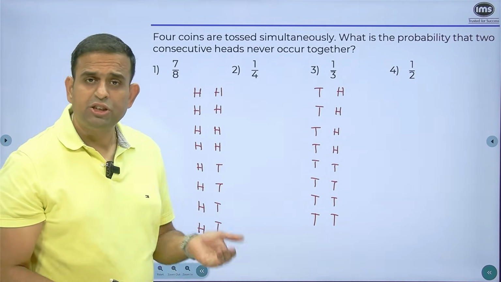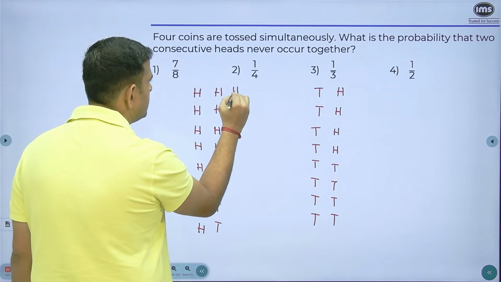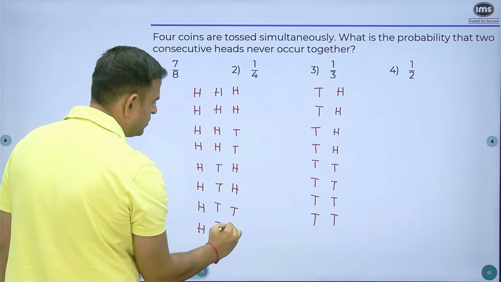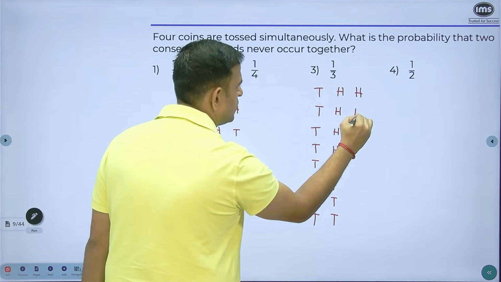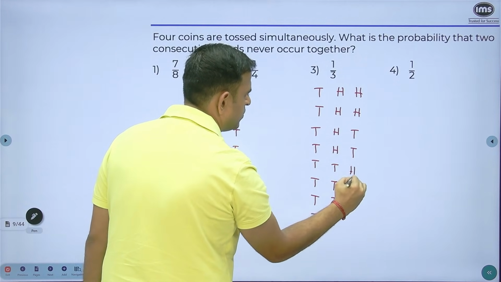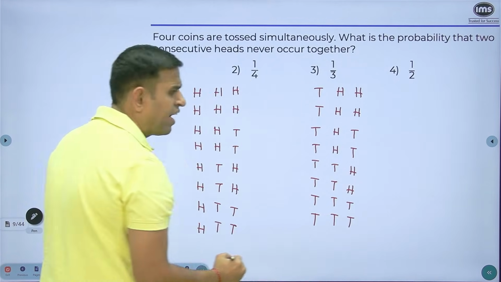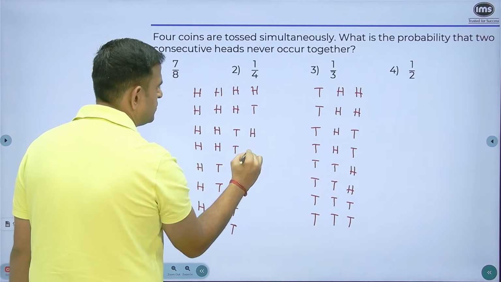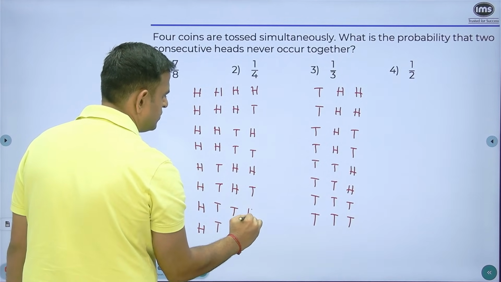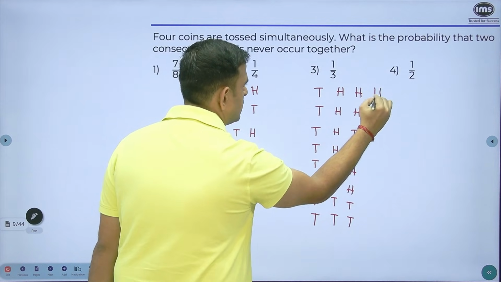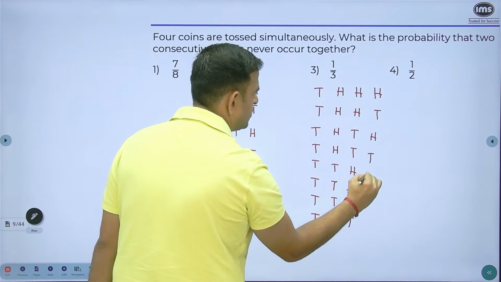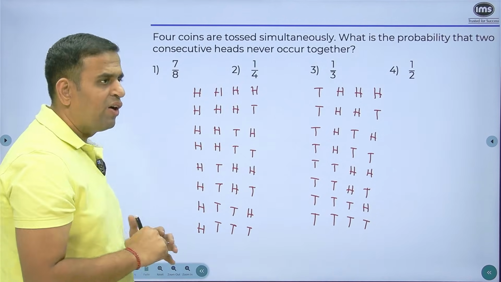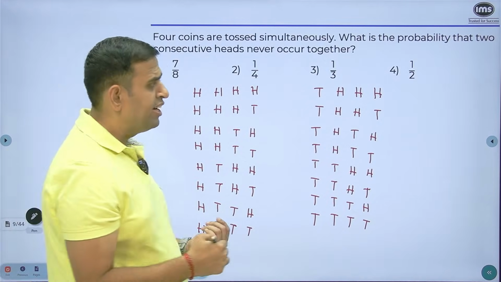Then I will write 2 times H, 2 times T. And finally, 1 time H, 1 time T. So we have got our sample space, and that happened to be 16 possibilities, as you can see over here.